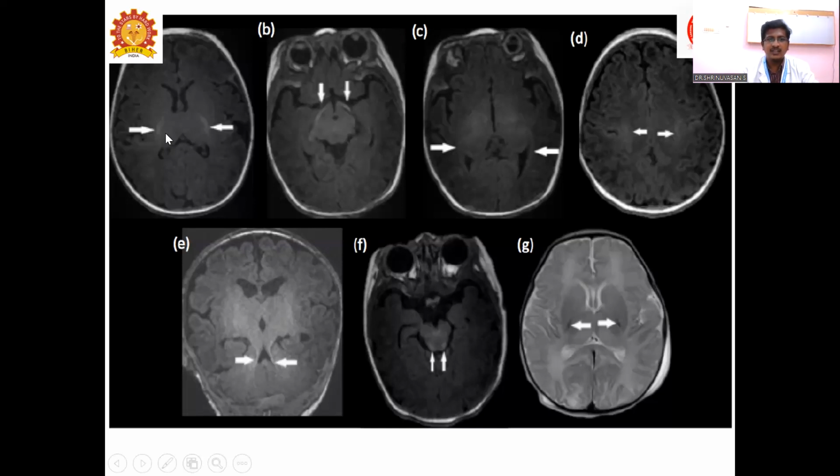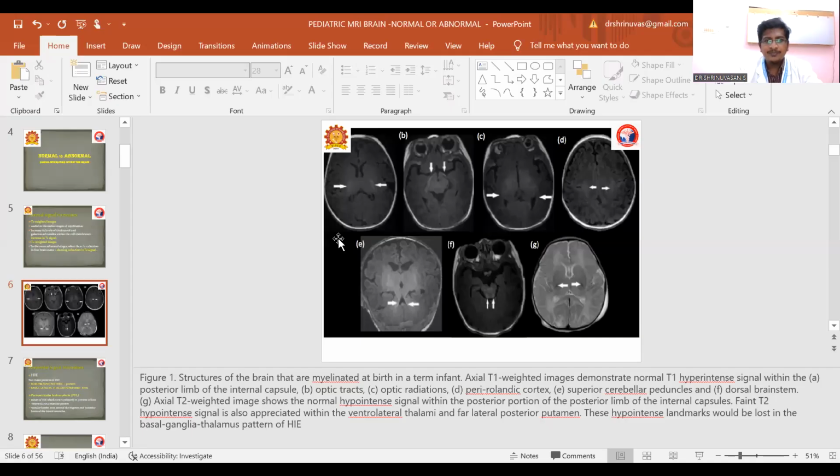Here you can see the posterior limb of the internal capsule, and the structures shown here are myelinated at birth in an infant. Whichever is showing T1 hyperintensity, that is the posterior limb of the internal capsule, and this is the optic tract, here you can see the optic radiation, and this is the perirolandic cortex, and you can see the superior cerebellar peduncle here, and this is the dorsal midbrain.